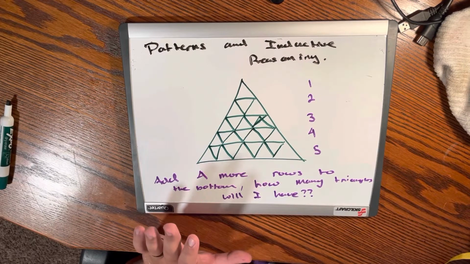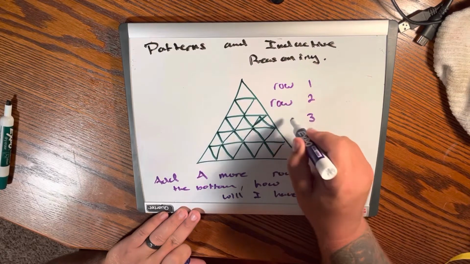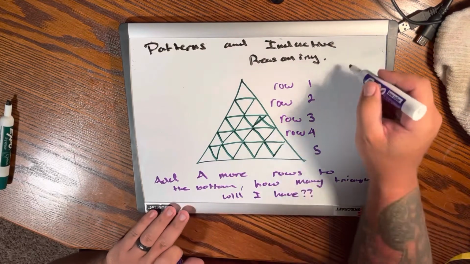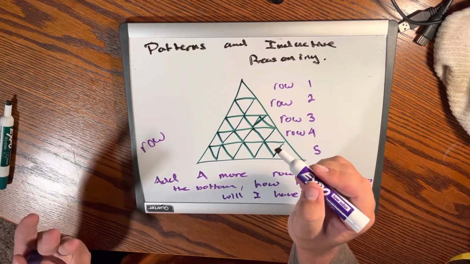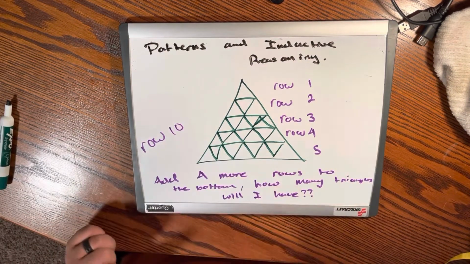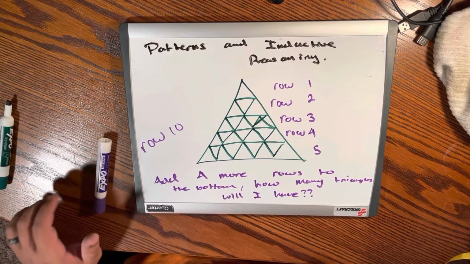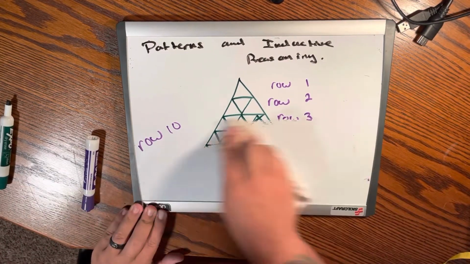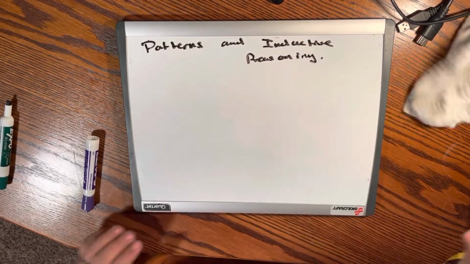You should be looking for any patterns. Okay, this is row 1, row 2, row 3, row 4. So if you add 4 more, you should be over to row, what is it, 6, 7, 8, 9, 10. Or 10, one of those two. So figure out how many triangles you have. Okay, these are the type of problems you'll be doing in geometry. All right, using patterns, seeing what you see to try and solve a problem.